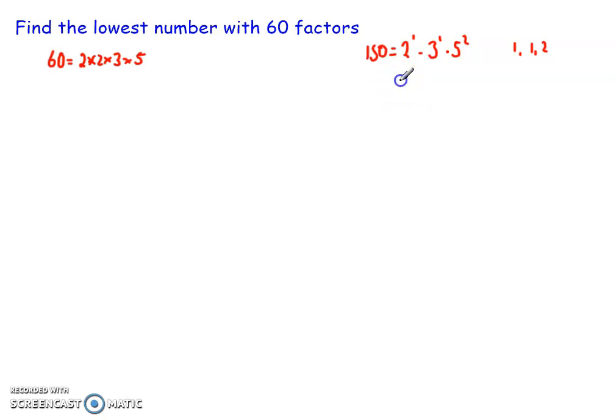So for this one, I'd do 1 plus 1, multiplied by 1 plus 1, multiplied by 1 plus 2, so I've added 1 onto each of these. That gives me 2 times 2 times 3, which tells me that I've got 12 factors for that number. And if I was to go through 150 and calculate each of the factors, this is exactly what would come up. I'd get 12 factors.